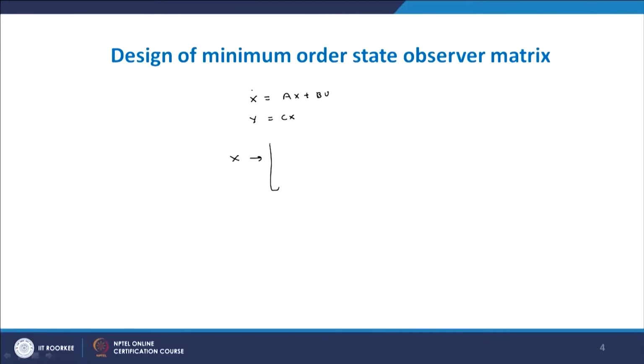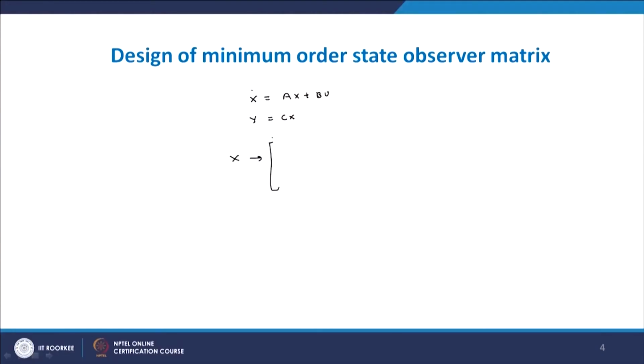So, now we start with the designing of minimum order observer. As per our original convention, we have the plant x dot equal to Ax plus Bu and y equal to Cx. Now, in this case x is the state. So, this x involves both the measured as well as the unmeasured states.